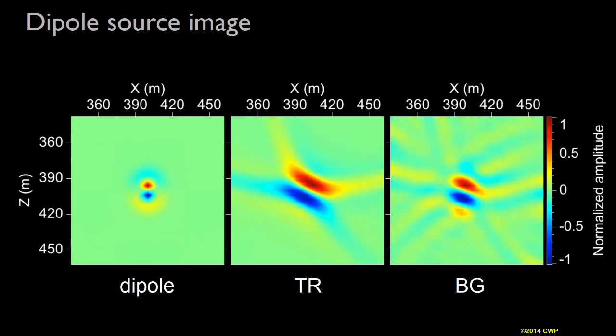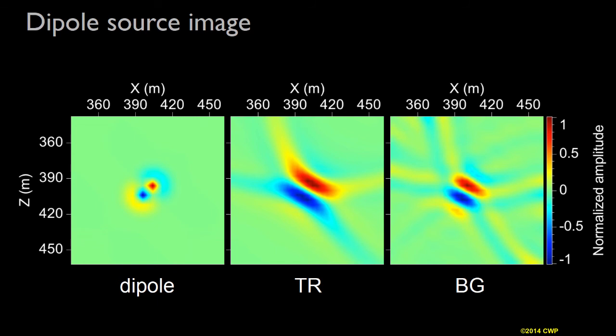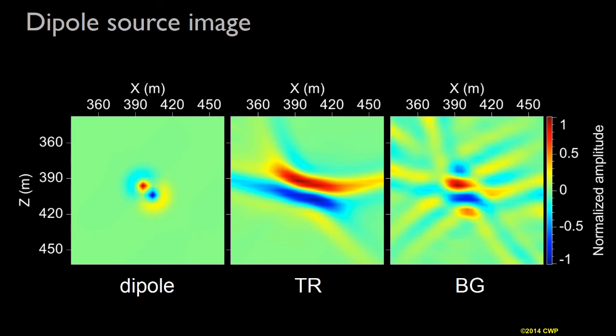And do this one more time. Horizontal, 45 degrees, 90 degrees, and 135 degrees. In each case, the Backus and Gilbert image has outperformed time reversal in delineating the orientation of the dipole.